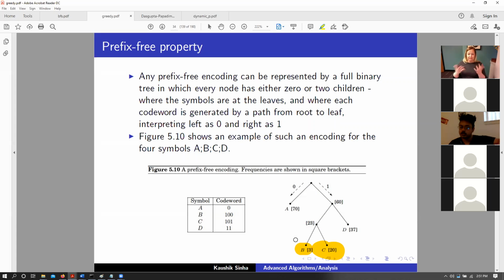So it uses the most number of bits, that is 101 or 100, basically 3 bits to represent both B and C in its particular system. This guarantees that you are going to get the least amount of bits for your particular information. Secondly, this also guarantees that you're going to have an unambiguous set of representations for all your notes.